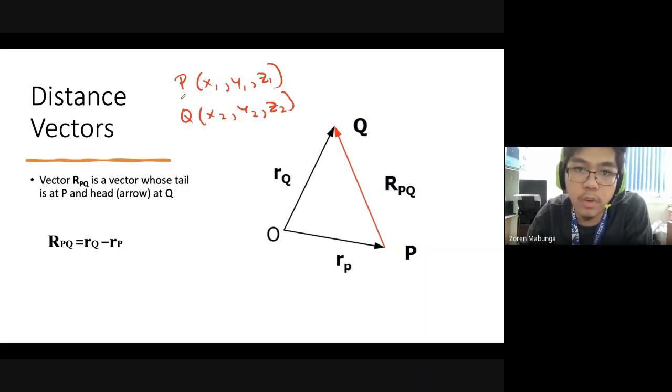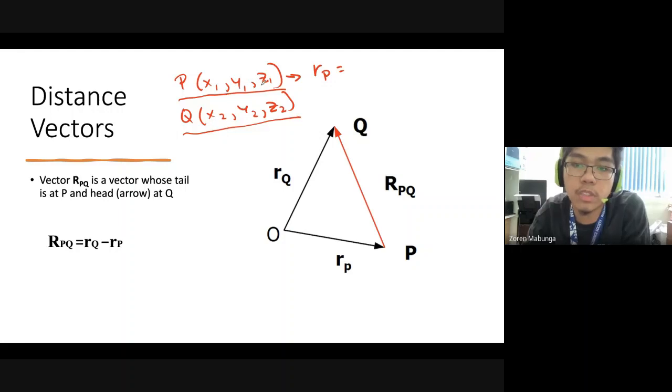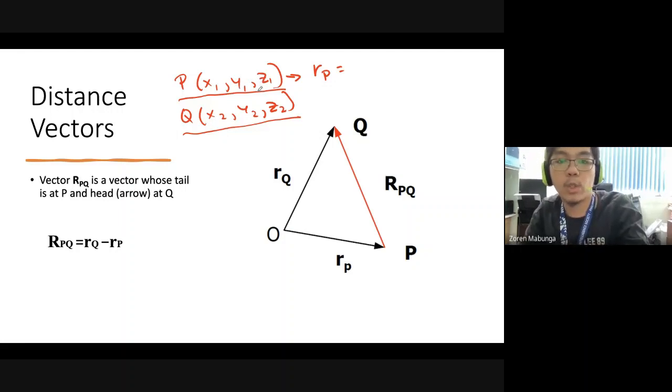So, if ito yung value natin, ano magiging vector? Paano ko isusulat si vector at P? Paano ko isusulat si RP, if ang coordinates niya is x sub 1, y sub 1, z sub 1? Paano natin susulat? Volunteer.